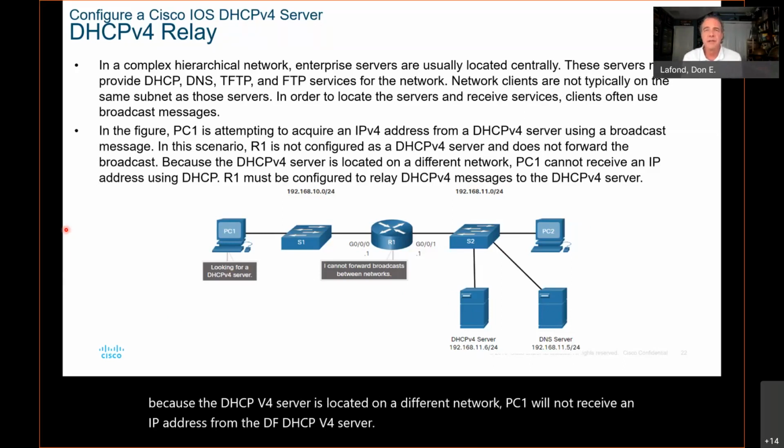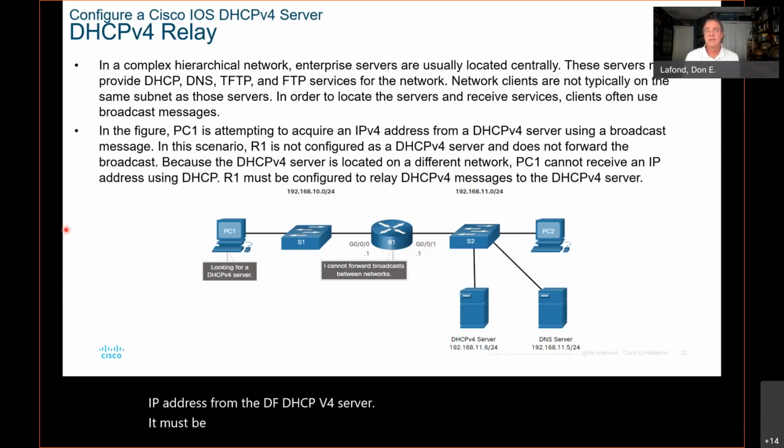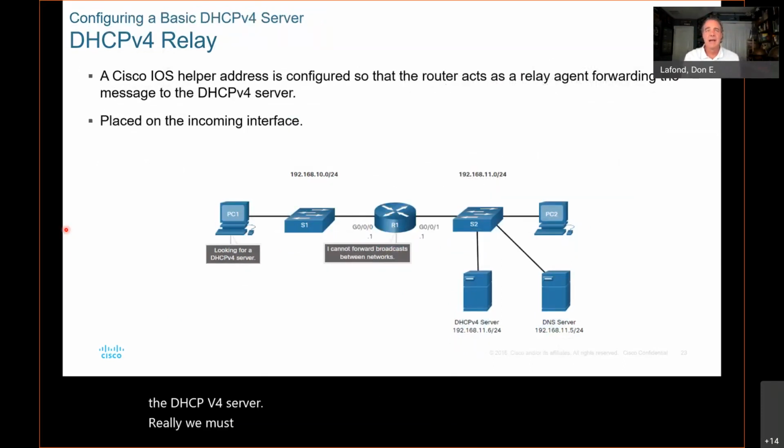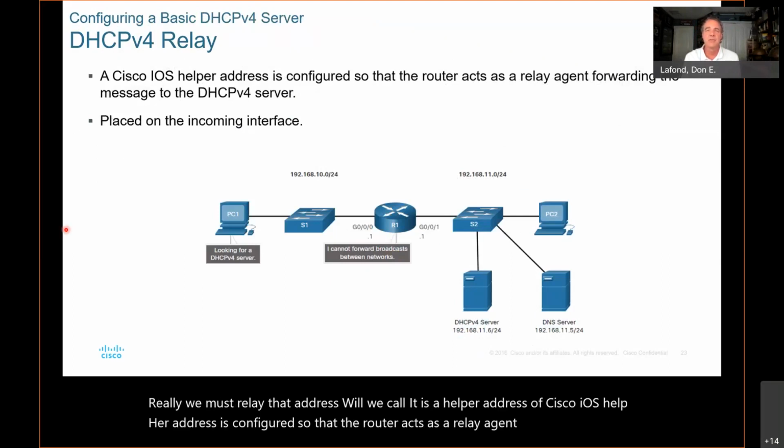R1 must be configured to relay the DHCPv4 messages to the DHCPv4 server. Relay. We must relay that address. What we call it is a helper address. A Cisco IOS helper address is configured so that the router acts as a relay agent forwarding the message to the DHCPv4 server.